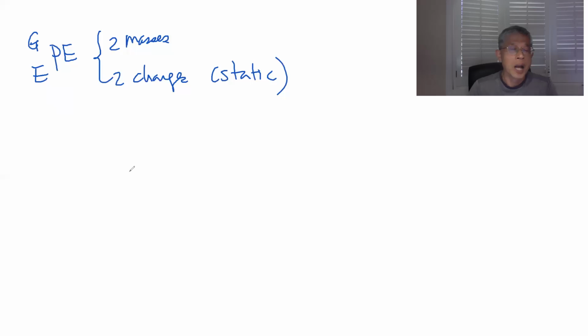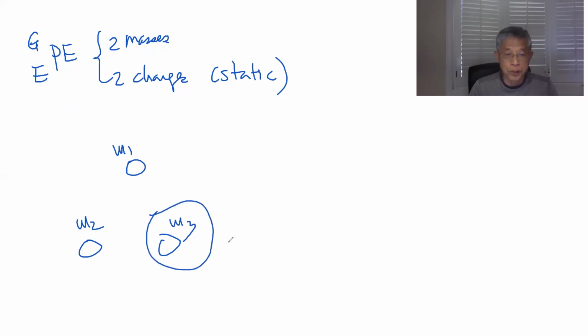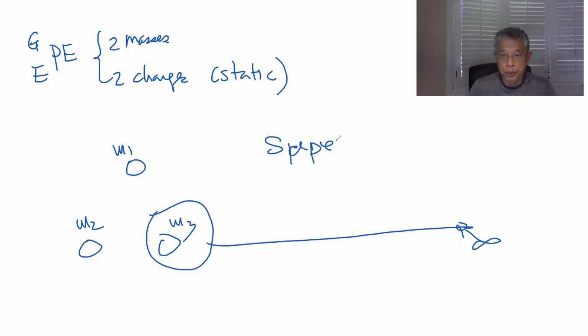So what if I have three masses, M1, M2, M3, okay? Let's say I want to move M3 away from the system, move it to infinity. You can see this one will attract it, and this one will attract it too. So there are two potential energies, and you need to add them together. It's called superposition.